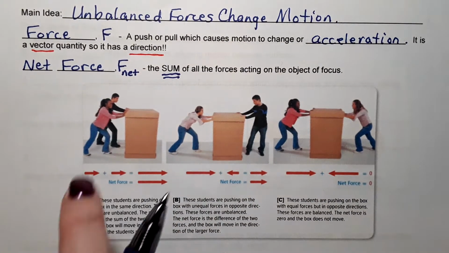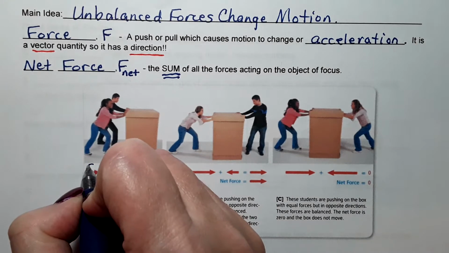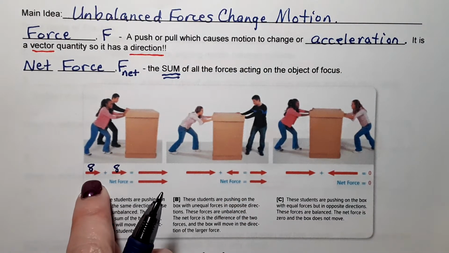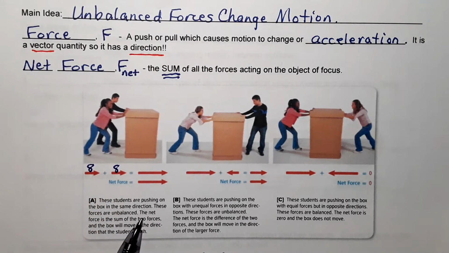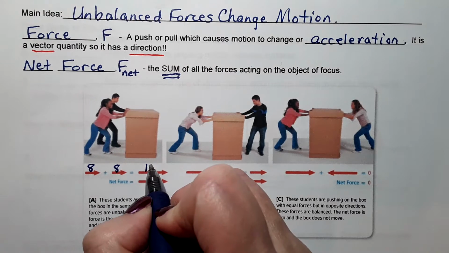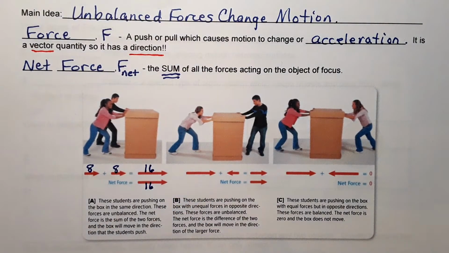So both of these people are pushing, let's say with a force of 8. We'll talk about the units later. So if they're both pushing with a force of 8 to the right, then 8 plus 8 is 16. The net force is 16. How about that? That's not so tough, is it?